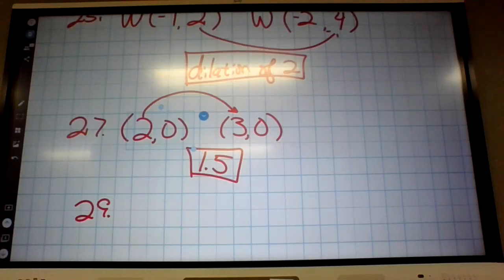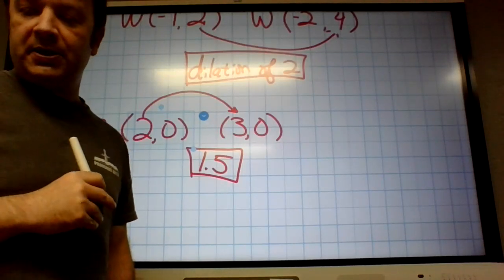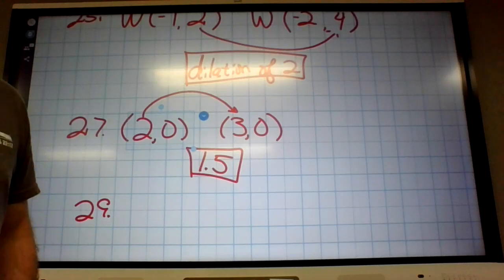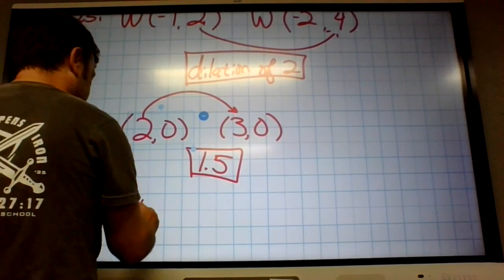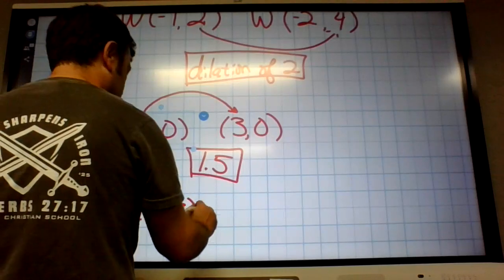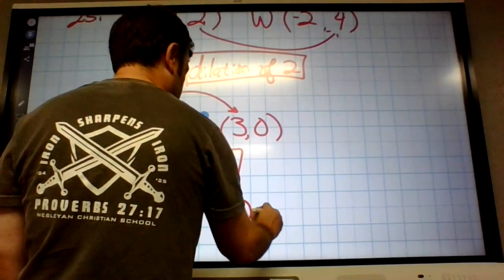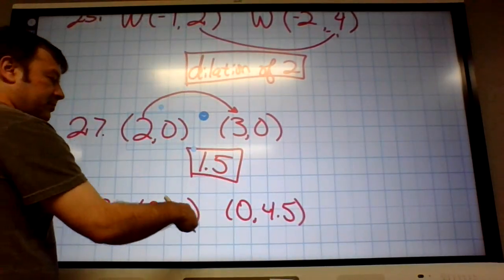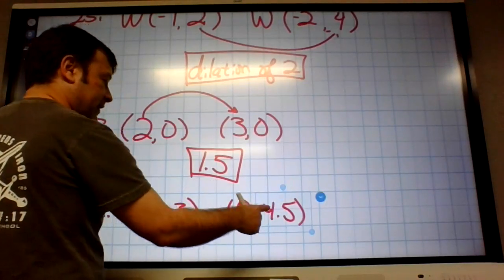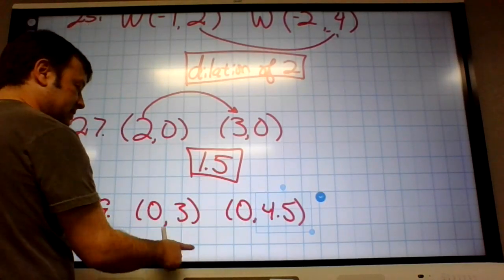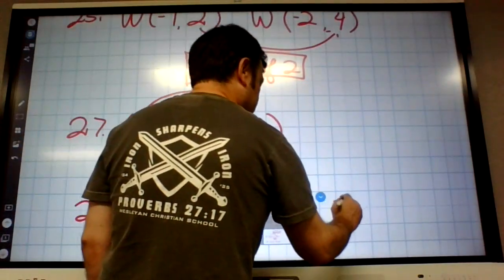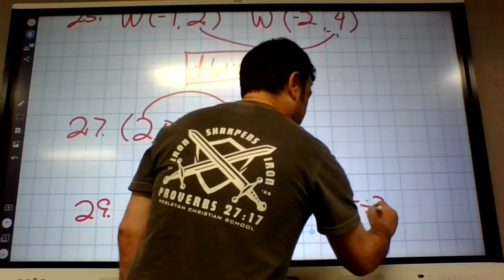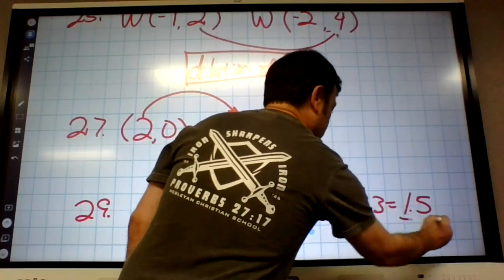29. Okay, I'm looking at G on 29. It goes from 0, 3 to 0, 4.5. What do we multiply 3 by to get 4.5? 4.5 divided by 3 would give us that answer. 4.5 divided by 3 is 1.5.